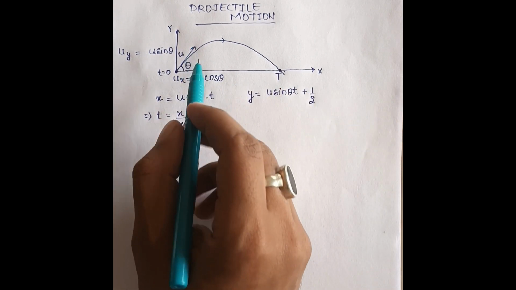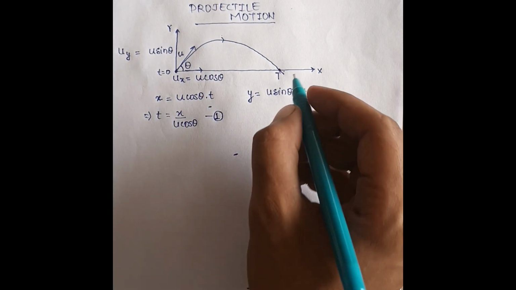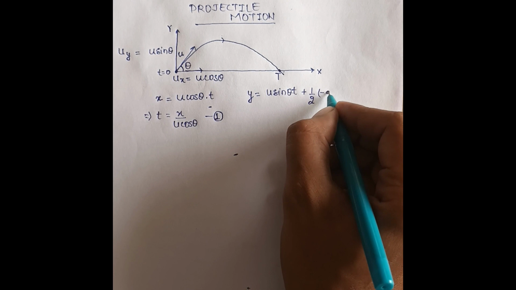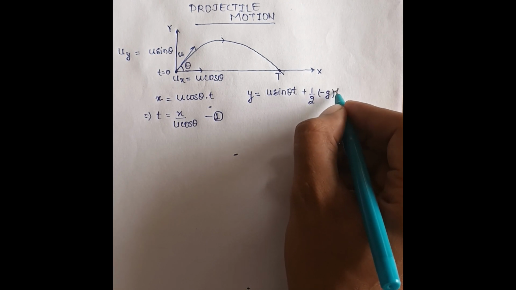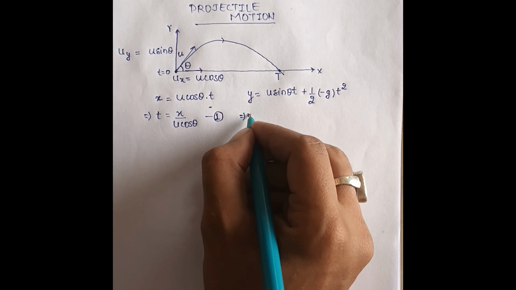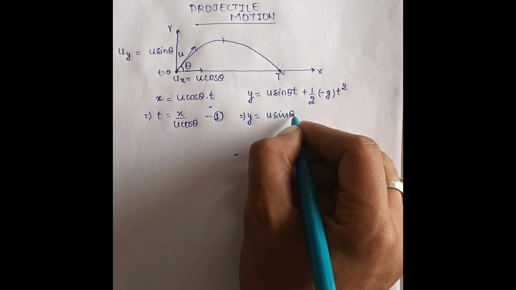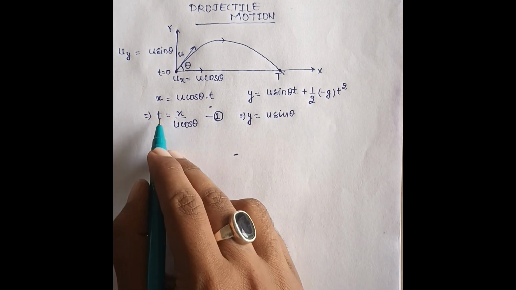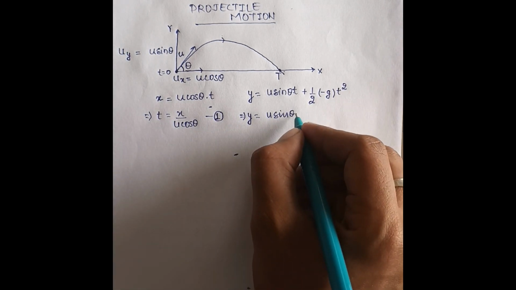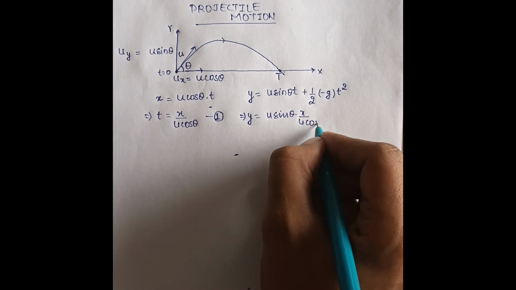When the object is moving upwards, we take the value of g as negative. So we put minus g multiplied by t square. From here we can find y equals u sin theta, and from equation 1 we have the value of t, that is x upon u cos theta.